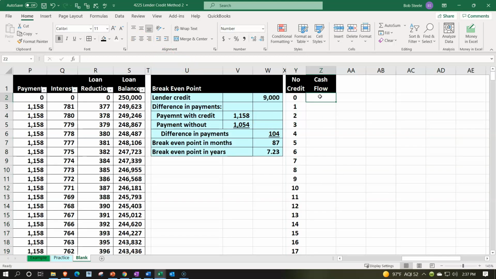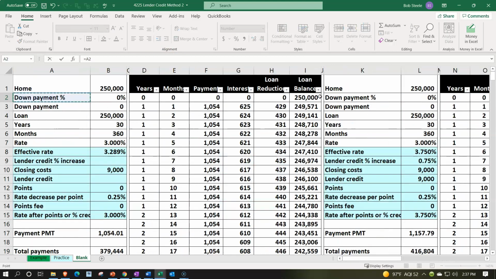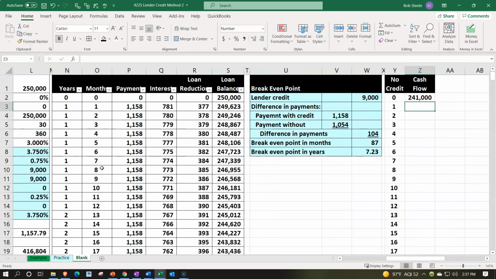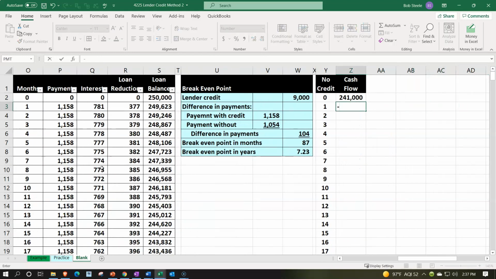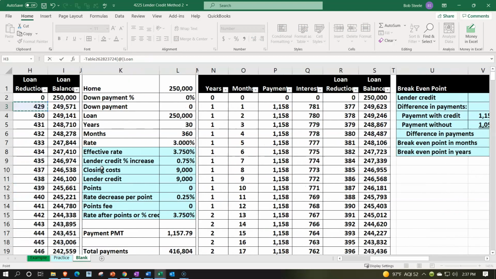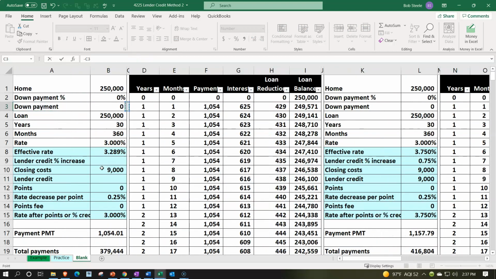So the cash flow, when we had no credit, is equal to the loan amount, which we received, minus the closing costs that we're putting up top. So we got the money, and then we paid $9,000 up front. So the net cash flow is actually $241 that we're assuming here. Then we made payments calculated on the $250,000 of the loan, not including the closing costs.